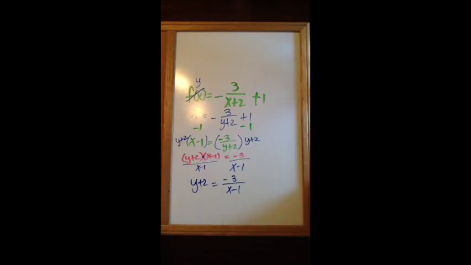But I still need to undo the adding 2, so I'm going to subtract 2 here and subtract 2 here. So I get y equals negative 3 over x minus 1 minus 2. And then since this is a function originally, I'm going to rename this to f inverse of x. And that's how you find the inverse of rationals.